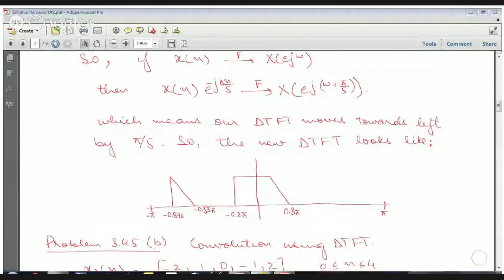Okay, so we are given the problem. This is problem 3.42.